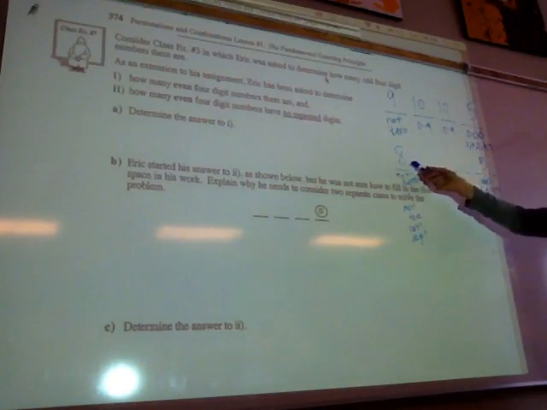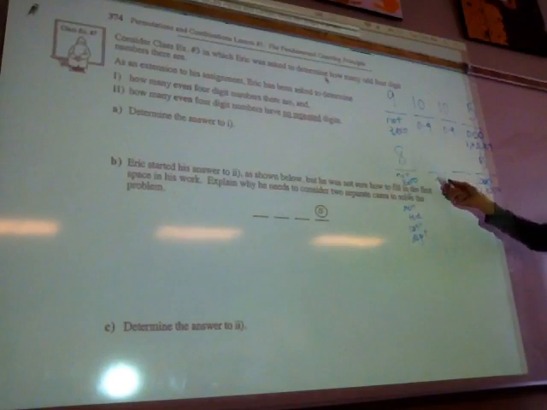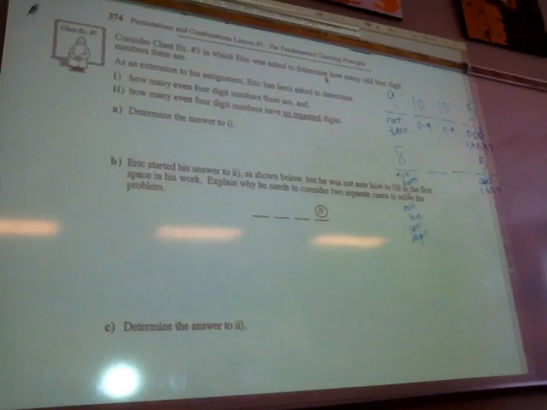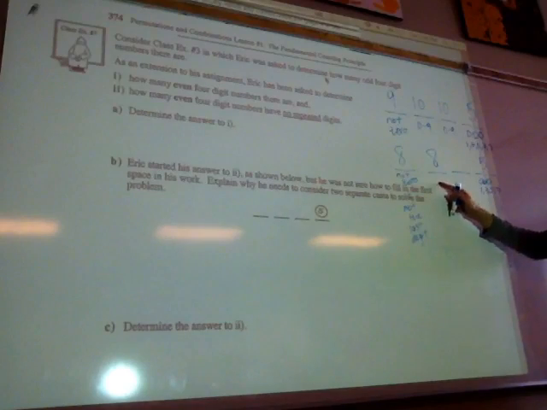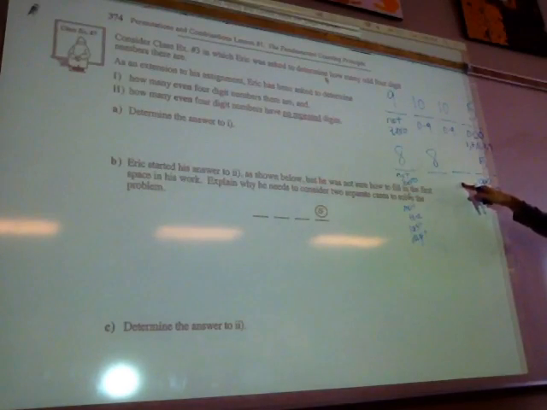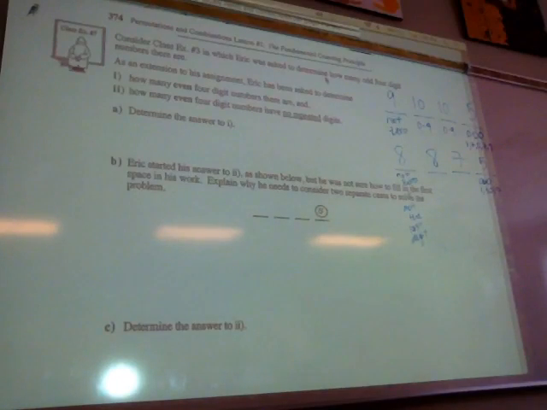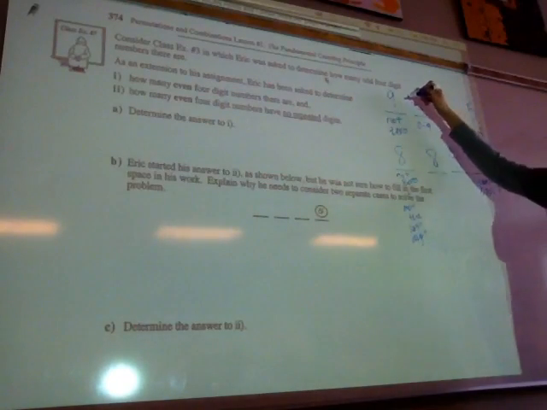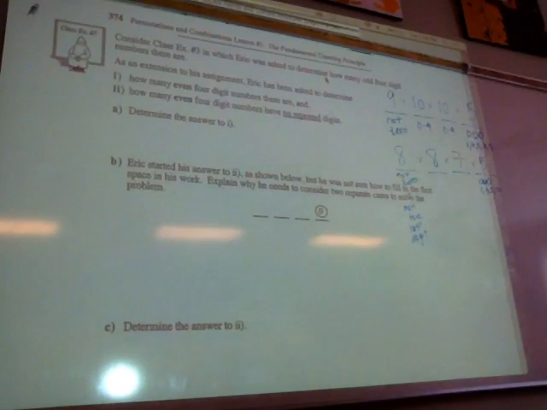Now we've used up 2 digits for the first and the last digit. For the second space, how many options do I have if I can't repeat the digits that have already been used? 8. Good. So we can't repeat first or last. And then for this one, if I've used up 3 digits, I have 7 possibilities. Then using the fundamental counting principle, we would just multiply these to figure out the total number of outcomes for odd numbers if you can't repeat or if you can repeat.